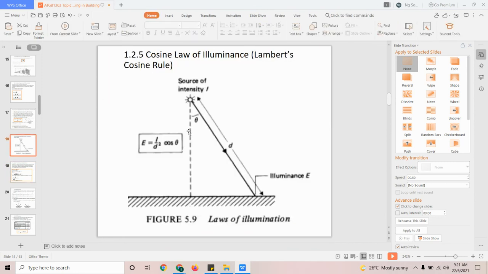So imagine this is your example. Here this is 2 meters, from the point source towards the center of the table. Imagining this is the edge, the question mentioned that the radius of this circular table is 1.5, so 1.5 is from here to here.